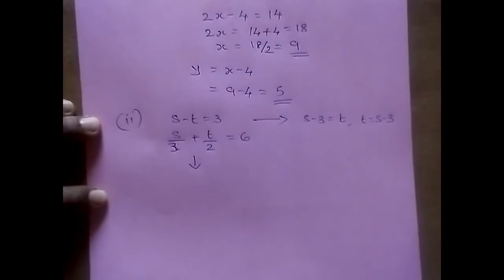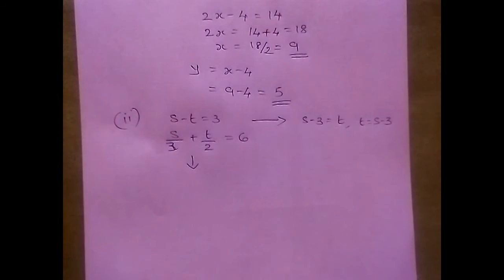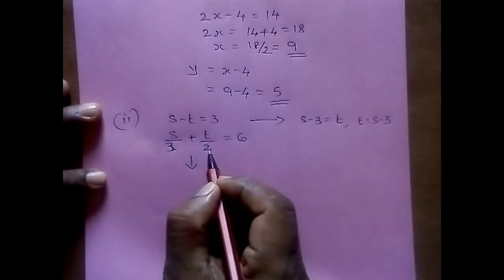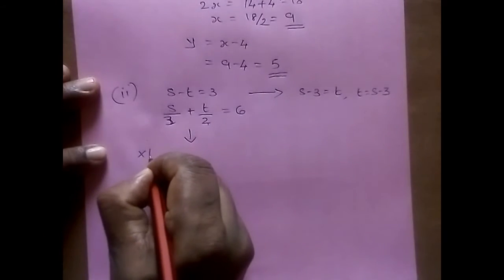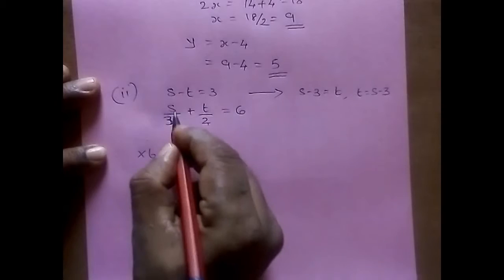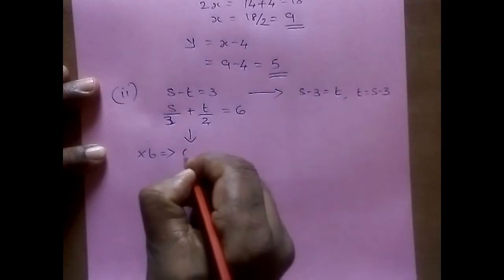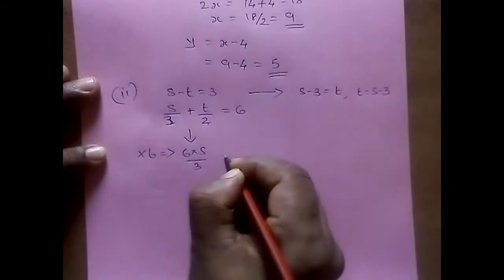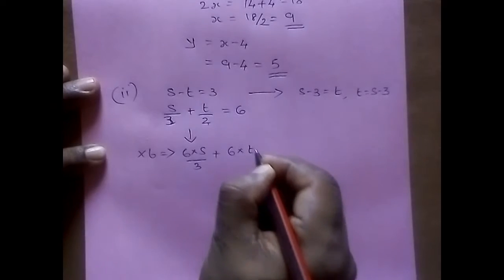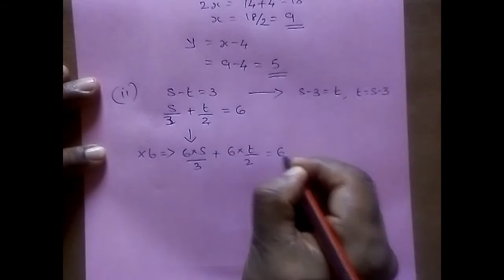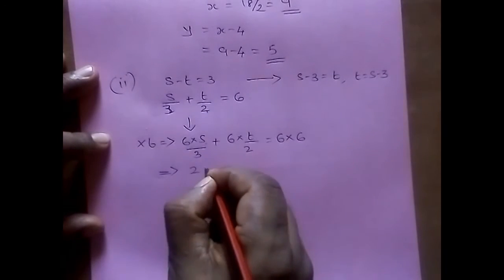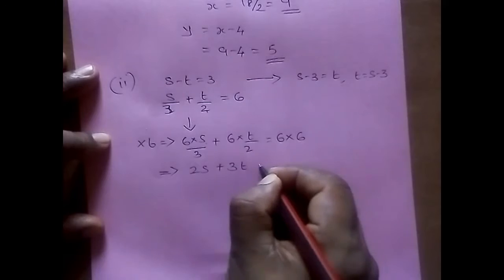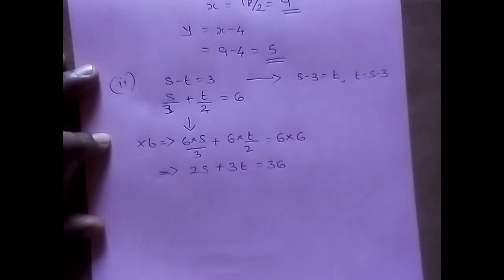In the second equation, we can multiply throughout by 6. Why 6? Because 6 is the LCM of 3 and 2. If you multiply by 6, 6 into s by 3 plus 6 into t upon 2 is equal to 6 into 6. That means 2s plus 3t is equal to 36.